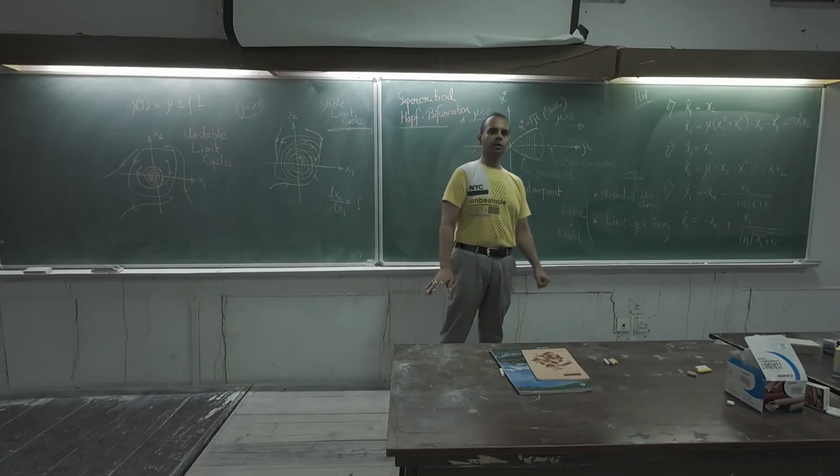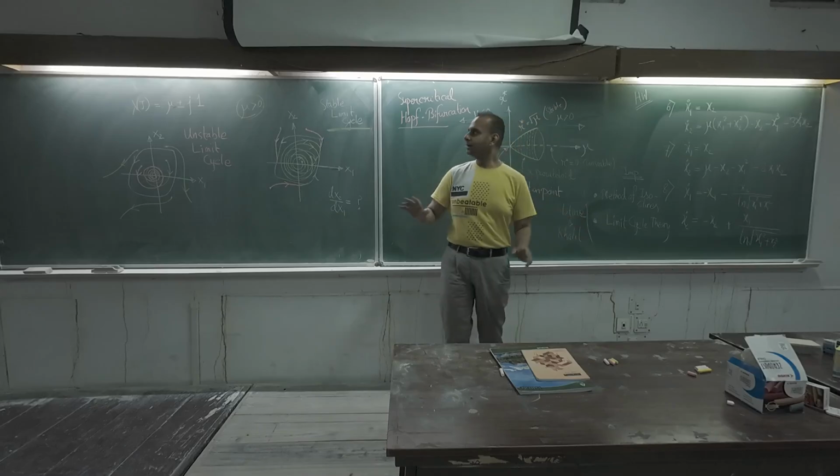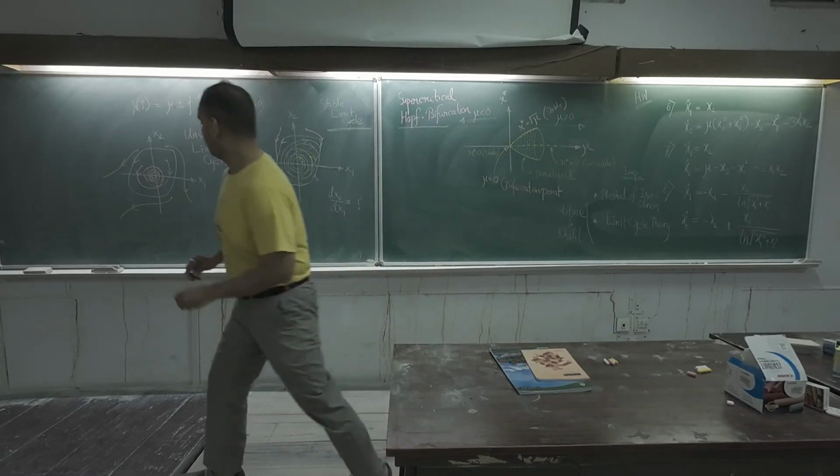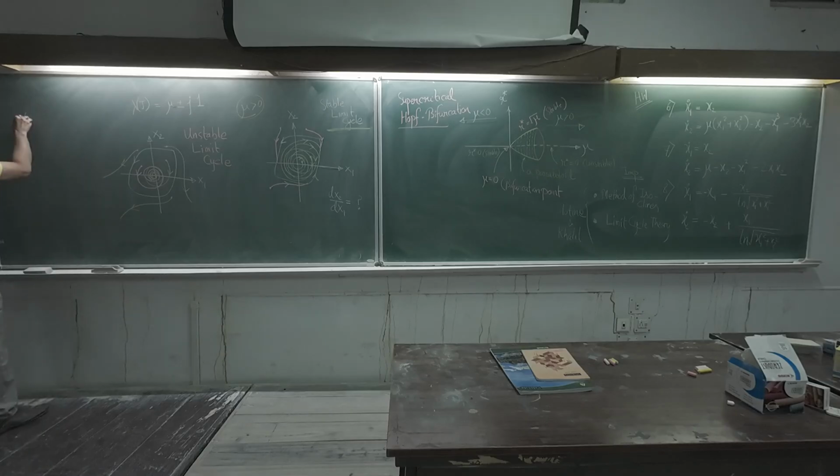Method of isocline is nothing but this: for any two-dimensional system, suppose x1 dot equals f1 of this, x2 dot equals f2 of this. The slope always matters, because if you have to draw the phase plane, you need the slope.